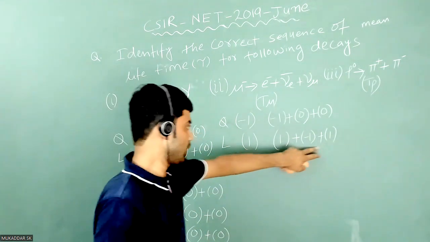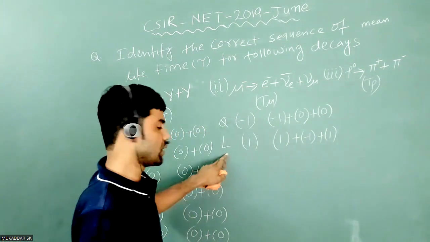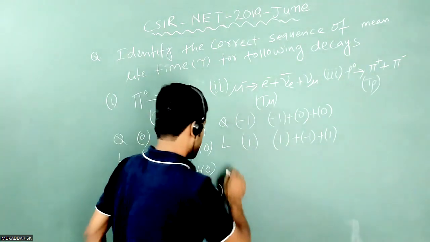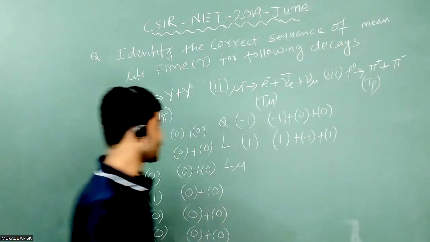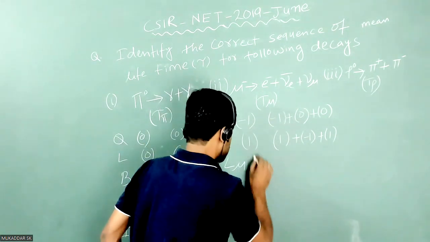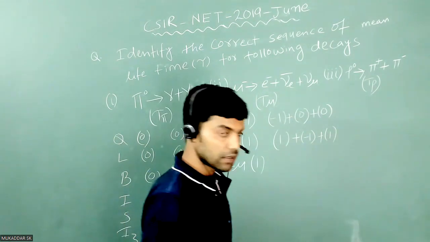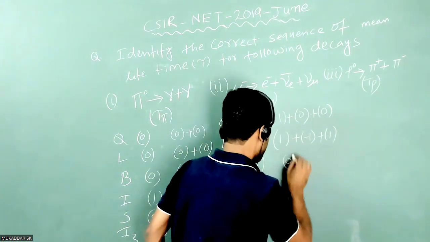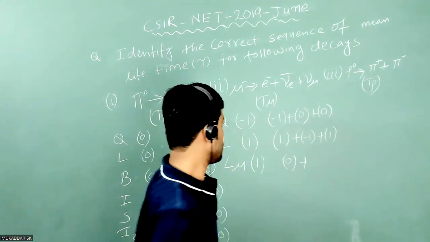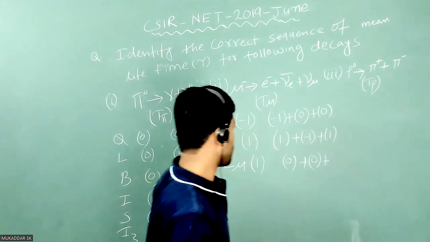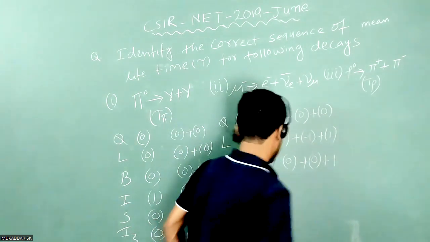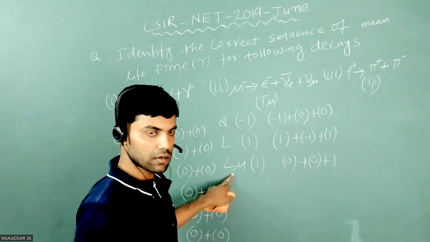On the right hand side, again this number is 1. It means L is conserved. Now we'll check L mu, the muonic lepton number. For mu minus, this number is 1. For e minus, this number is 0. For nu e bar, this number is 0. For nu mu, this number is 1. So it means L mu is conserved.